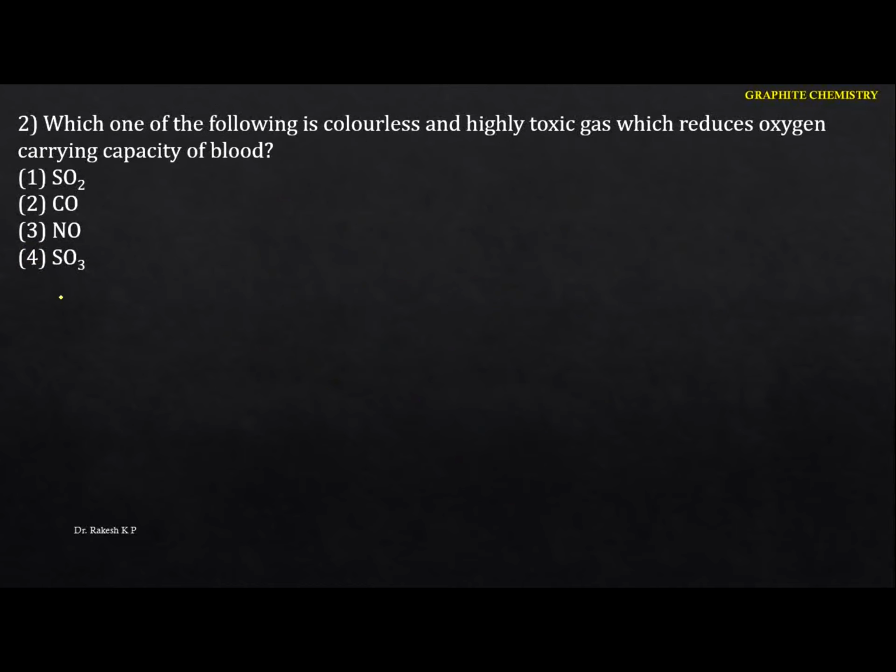Which one of the following is a colorless and highly toxic gas which reduces the oxygen carrying capacity of the blood?